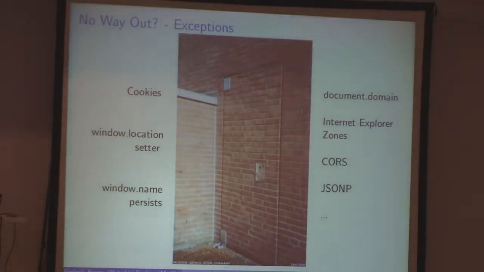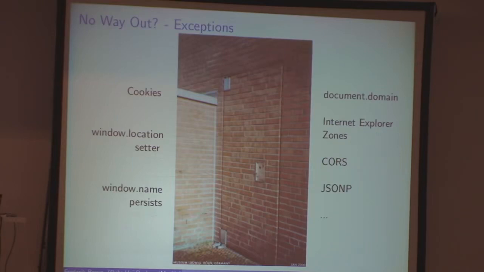And then I'm going to talk about the exceptions that some people already wanted to point out. The same origin policy is by no way a strict or consistent policy. You have dozens of browser features that are just not subject to the policy. That means cookies are actually not port scoped at all, but domain scoped. And cookies are actually way older than the same origin policy.